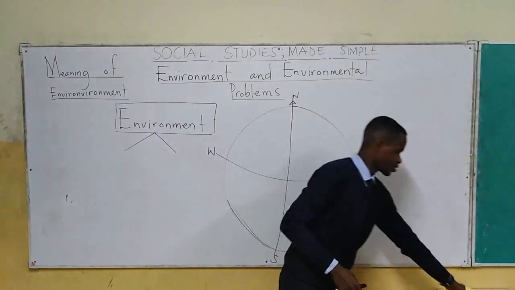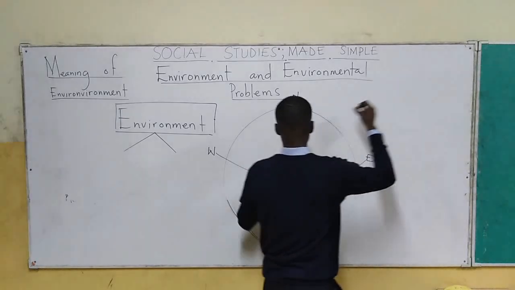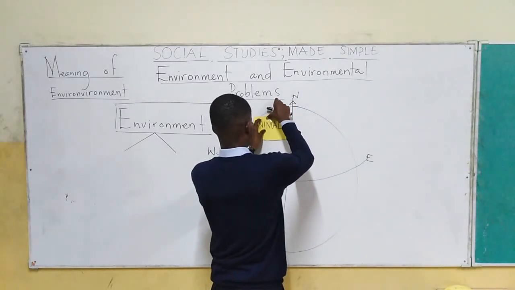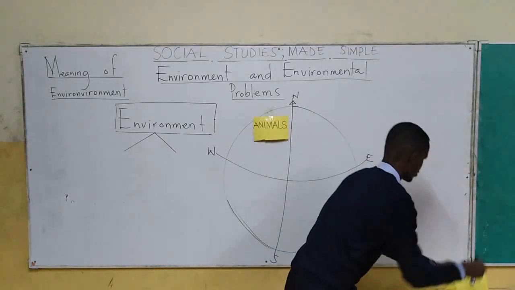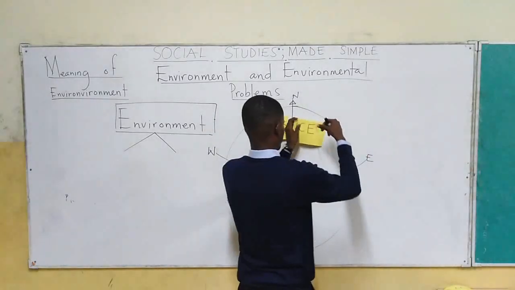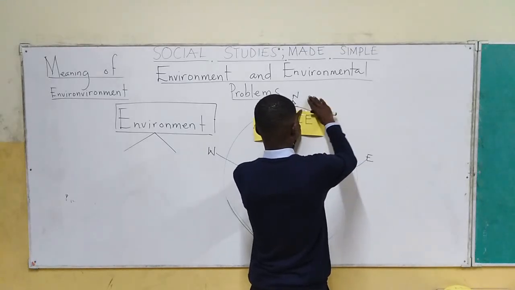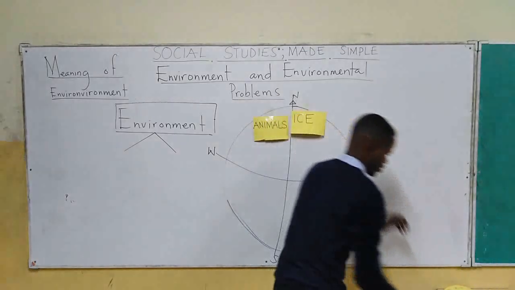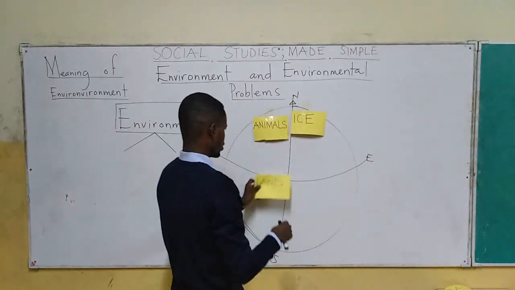Now, the components that we've mentioned so far can be put. So we have animals, ice. This is land.